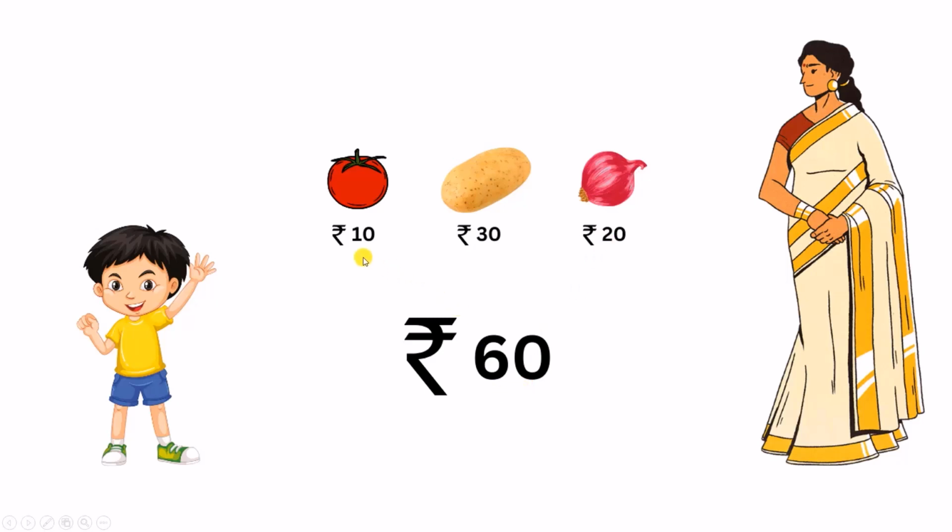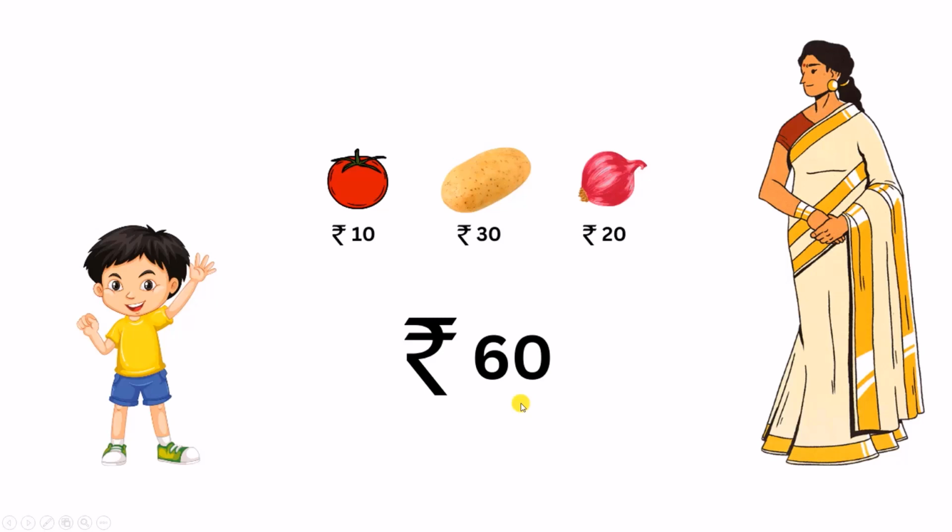You can just add up all the values and say today the vegetables cost 60 rupees. So your mother will come to know that the cost of vegetables on Jan 2nd is 60 rupees.